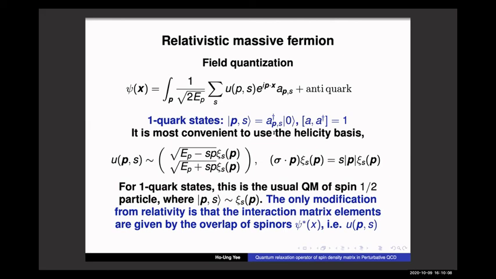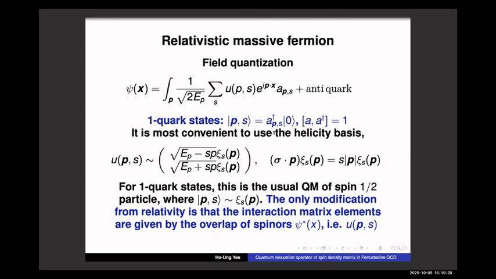My question is also related to Enrico's question. You use the helicity basis, which has the advantage that you can smoothly transform to the massless case.